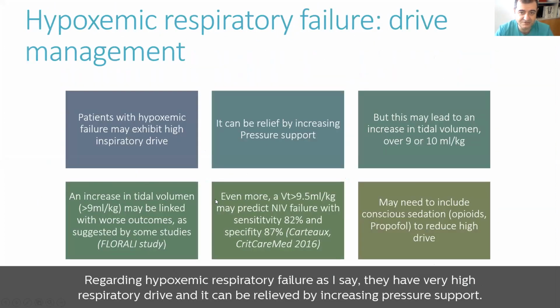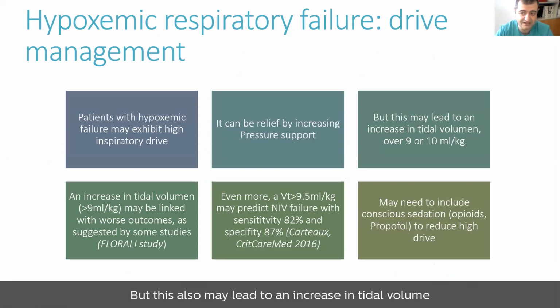Regarding hypoxemic respiratory failure, as I said, they have very high respiratory drive, and it can be relieved by increasing pressure support, but this may also lead to an increase in tidal volume over what we know as protective ventilation, over 9 or even 10 milliliters per kilogram of weight.